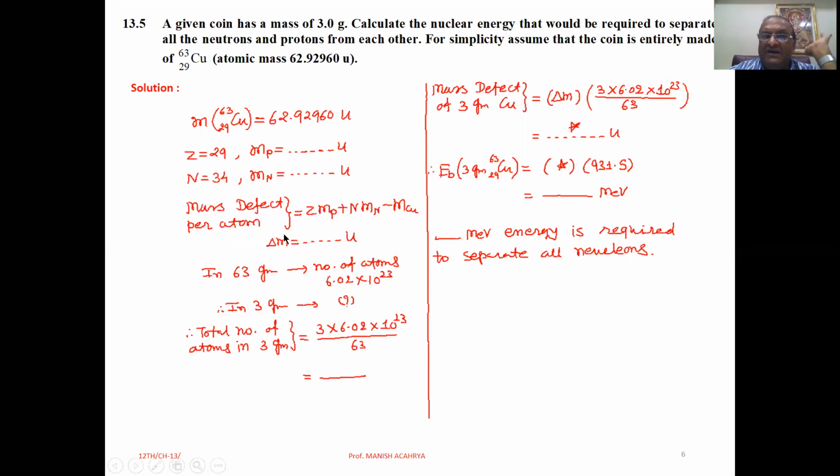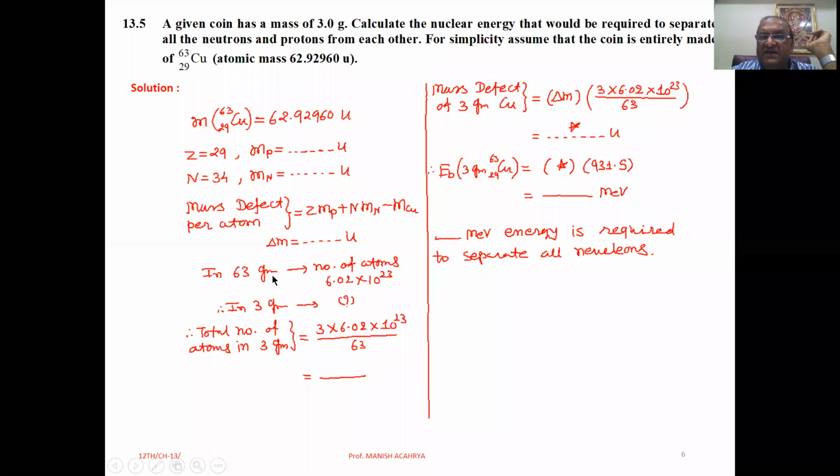So first of all, mass defect per atom, that is Z M_P plus N M_N minus M_Cu. Substitute the values and calculate delta M. This is the mass defect per atom. Now here the atomic mass number is 63. So if we take 63 gram copper, then that is 1 mole of substance.